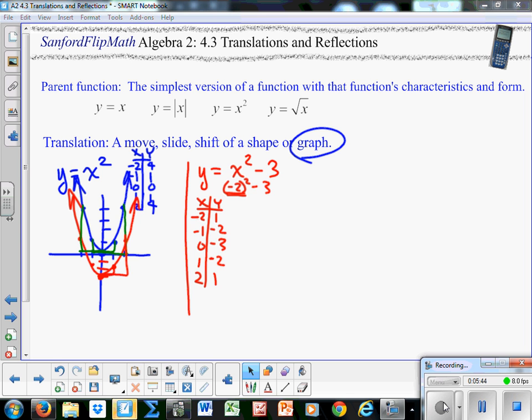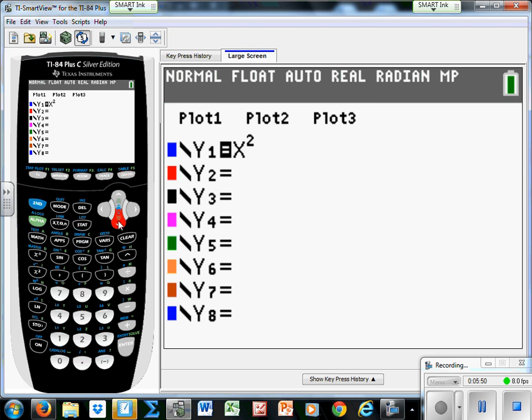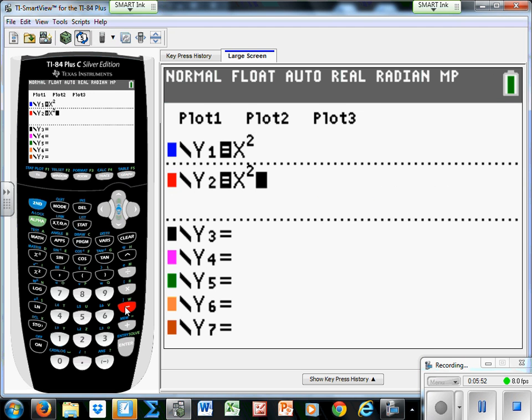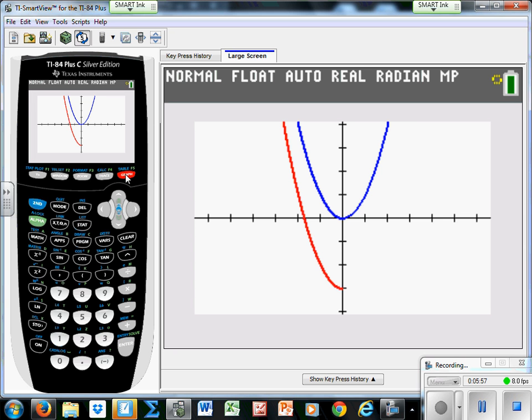I want to pop over to the graphing calculator, x squared minus 3. So we're going to type that in, x squared minus 3. And here it comes. Now I know that on the graphing calculator the red graph appears to be bigger, but I'm here to tell you it's really not bigger.